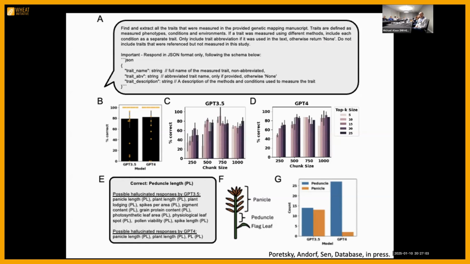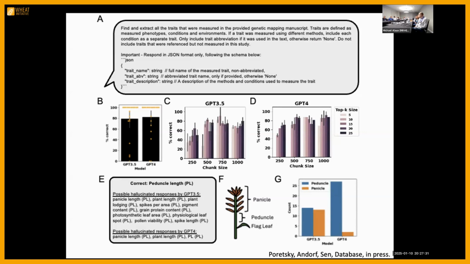We then asked, can we extract genetic information? Here GPT-4 did better than GPT 3.5. That was good. We also tested whether hallucination may play a role, and we forced GPT to hallucinate by asking about peduncle length.